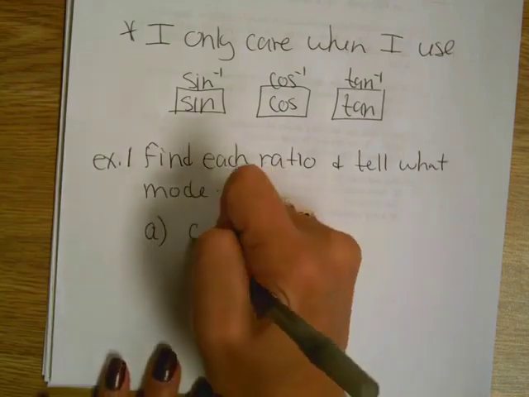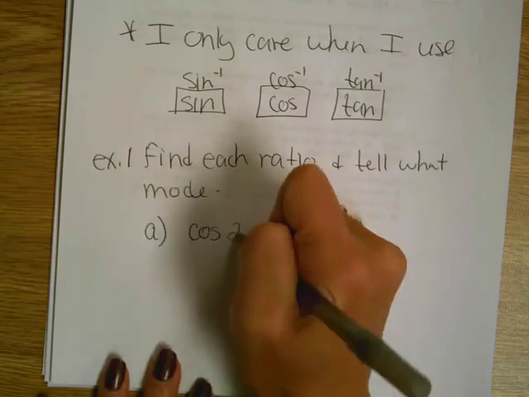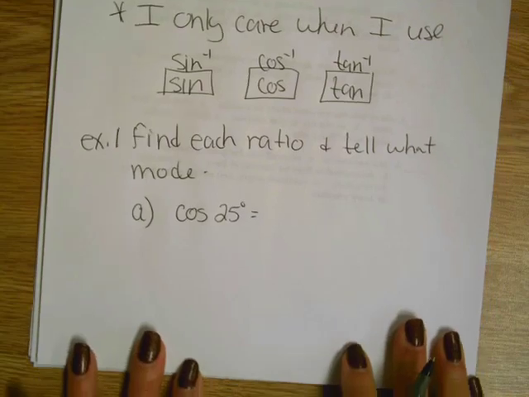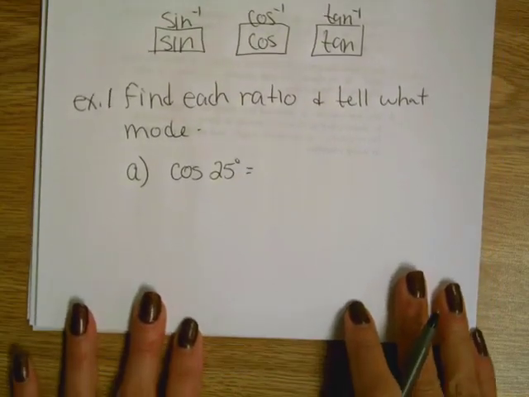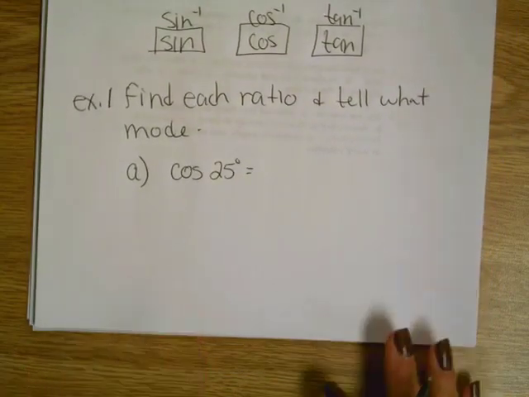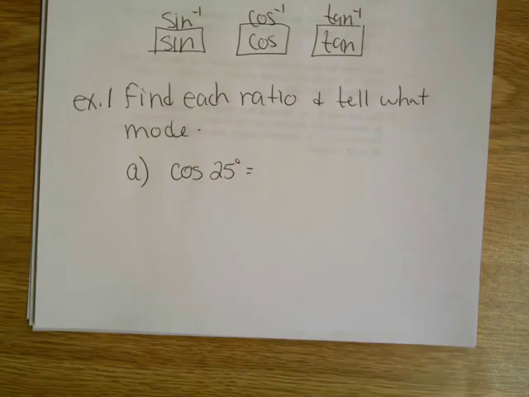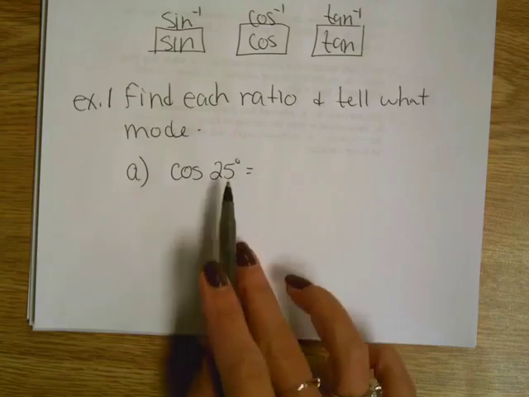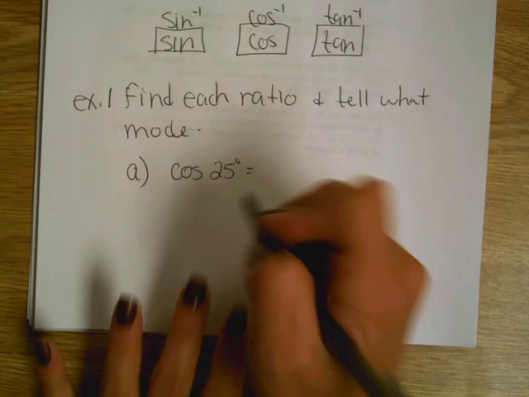Okay, we first want to find the cosine ratio for a 25-degree angle. So we're obviously going to be touching the cosine button. What mode do you think you got to be in? Degree. Why degree? Because it's in degrees. Kind of tough, right? Okay, so your calculator better be in degree mode.